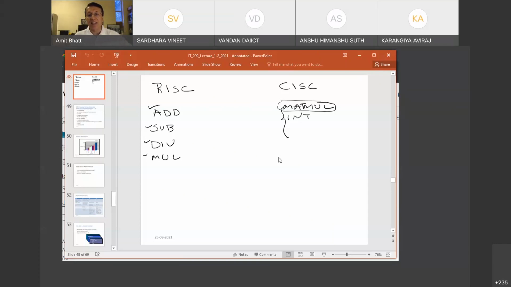So instead of having, say, a single instruction like matmul, your RISC architecture would have instructions like add, sub, and multiply. And with repeated use of add, sub, and multiply, you can write a program which would do the work of matrix multiplication.